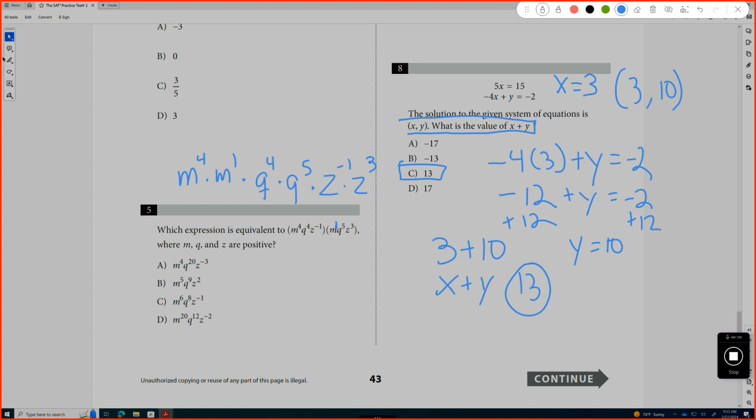Each base we're going to keep one m, one q, and one z, and we're going to simply add the exponents. So this is m to the 5th, and you can already see that there's only one answer that has m to the 5th, answer B, but let's continue.